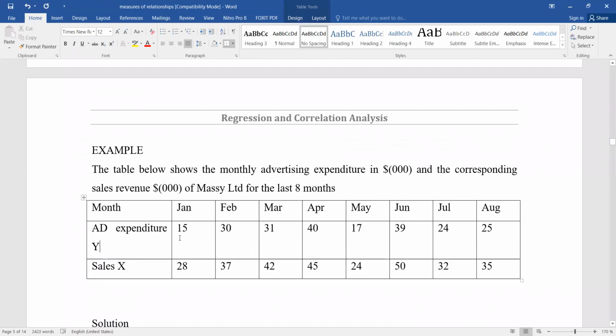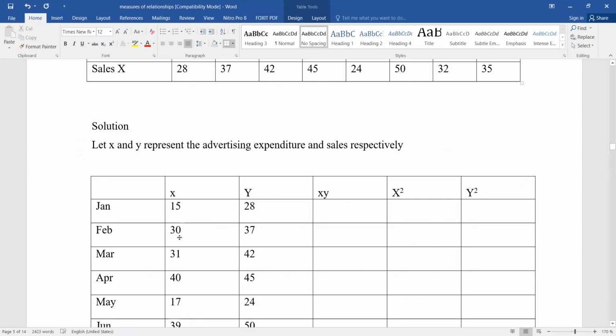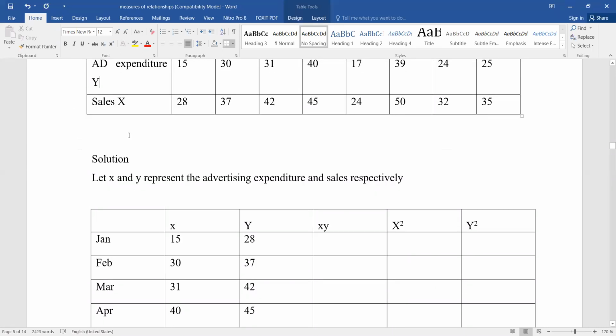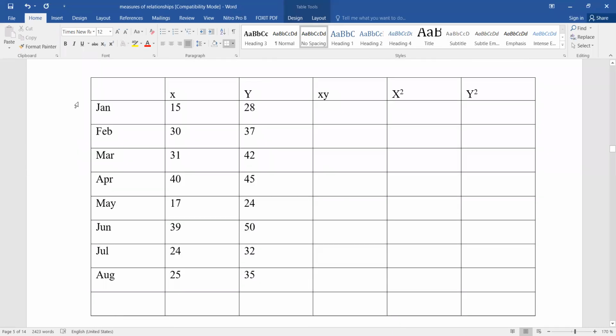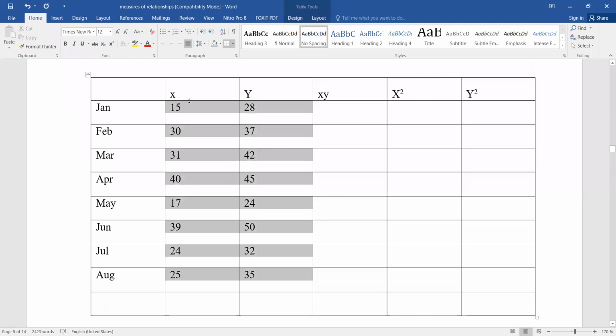Now, once you have this, the rest becomes simple. So we have X and Y. Let us begin the calculations.